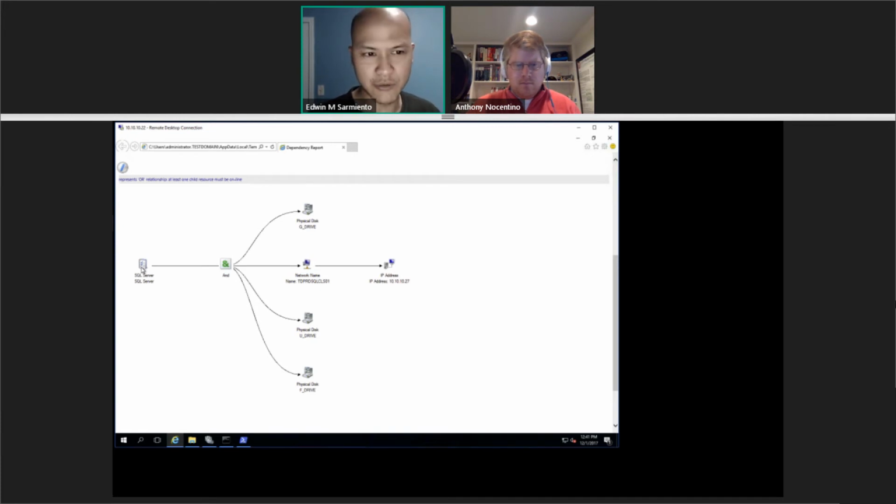Again, the agent first and then the service, and then any of the drives, F, U, and G, and then the network name. And once all of these were brought offline, the virtual IP address was brought offline. And then when it had to bring the SQL Server service online on 25, the IP address first came online before the drives, or in this case, before the network name goes online. And then the drives have to go online before the SQL Server service went online.